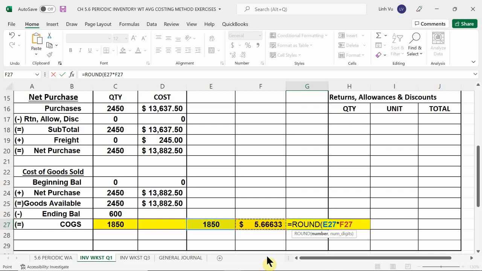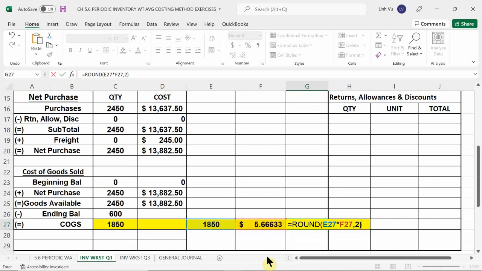And I'm going to end my argument with a comma, okay? The next section of the argument is going to ask how many decimal places. I want this to be 2 decimal places, because I want to round to the nearest penny.